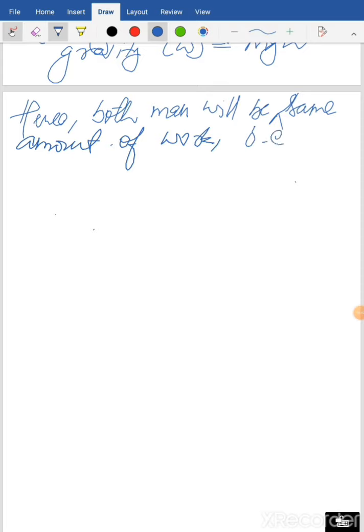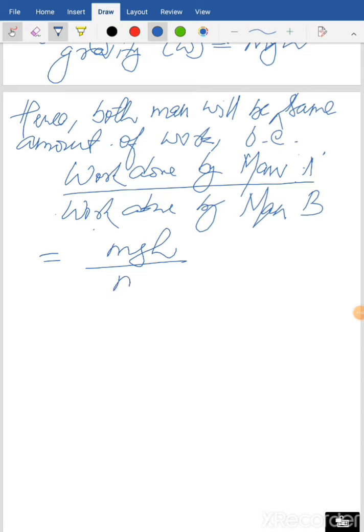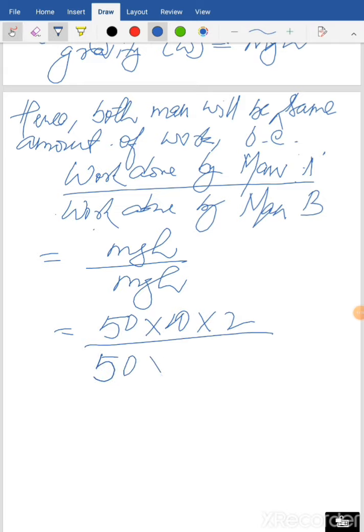That is, work done by man A divided by work done by man B equals mgh divided by mgh, that is 50 into 10 into 2 divided by 50 into 10 into 2. 50 is the mass, 10 is the acceleration due to gravity, and the height is 2. So they get cancelled and I will get the ratio as 1:1.